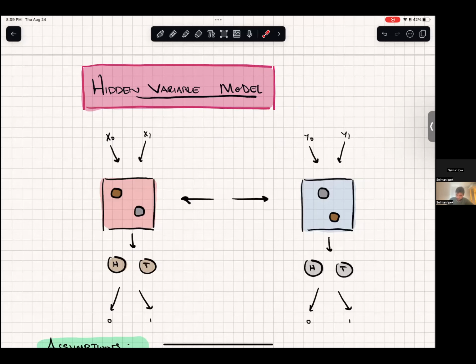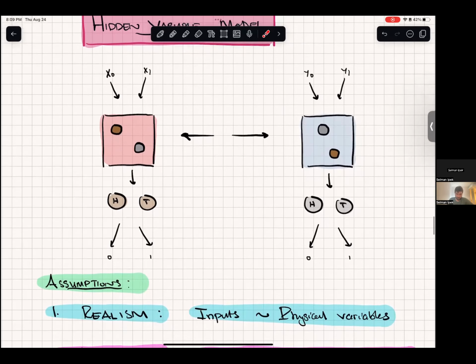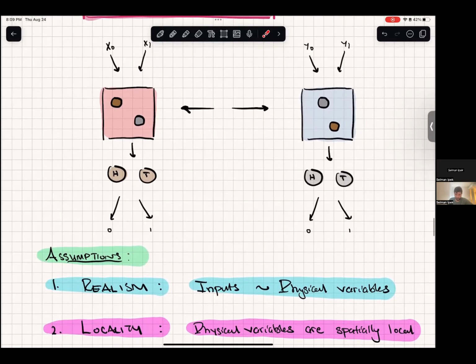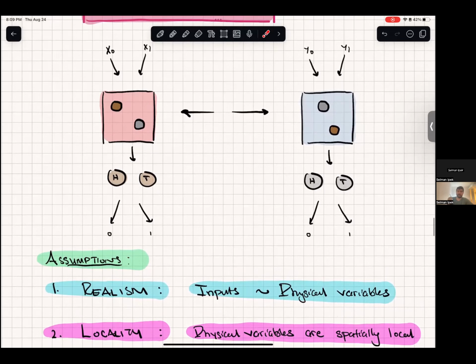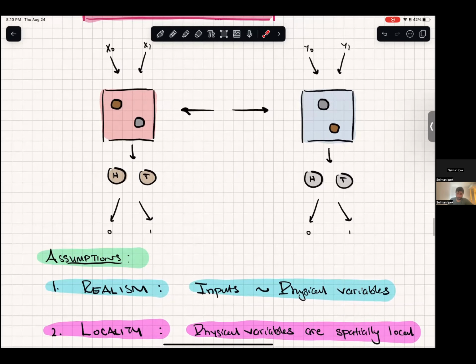Same thing with Bob. So we're making a couple of assumptions here, namely that when we press an input, we're measuring something out there. So in some hand-wavy sense, these inputs correspond to some physical variables, some elements of reality. And we're also assuming locality, that these physical variables are spatially localized.